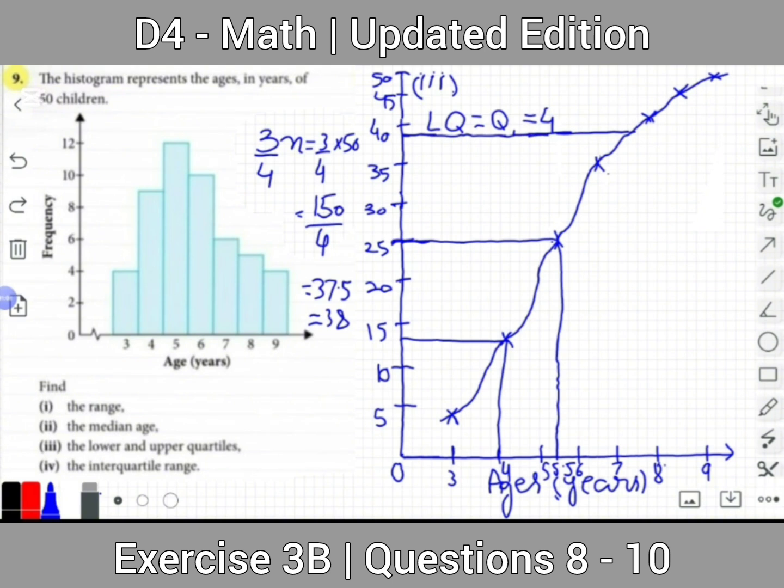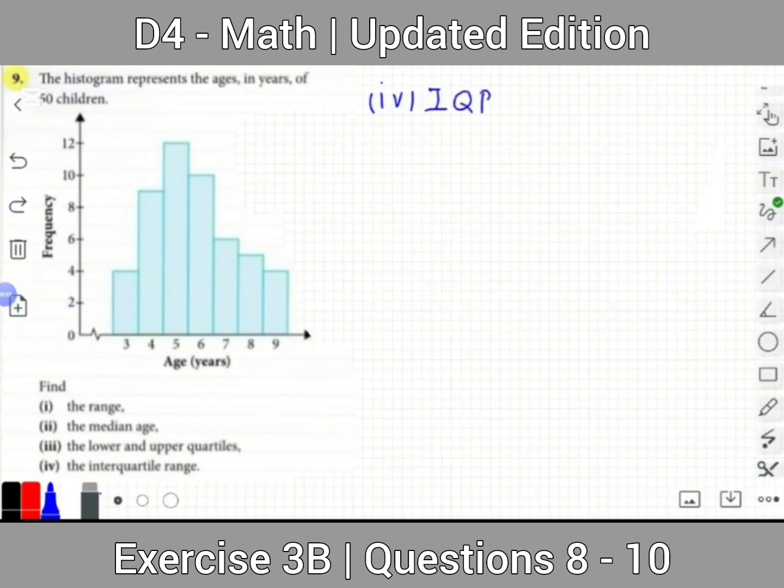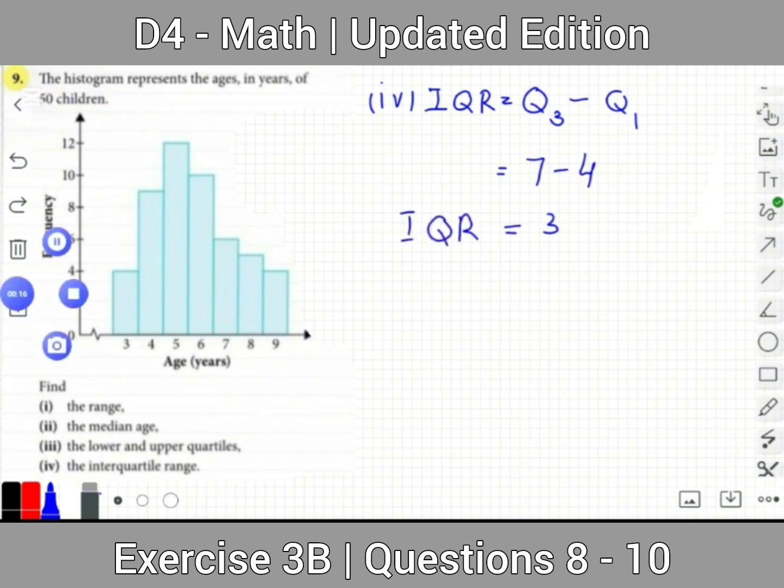From the point of intersection we will draw a vertical line until it touches the x-axis, where we have the value 7. So the upper quartile Q3 is equal to 7. For the interquartile range we have the formula Q3 minus Q1. Q3 is 7 and Q1 is 4, so the interquartile range is equal to 3.